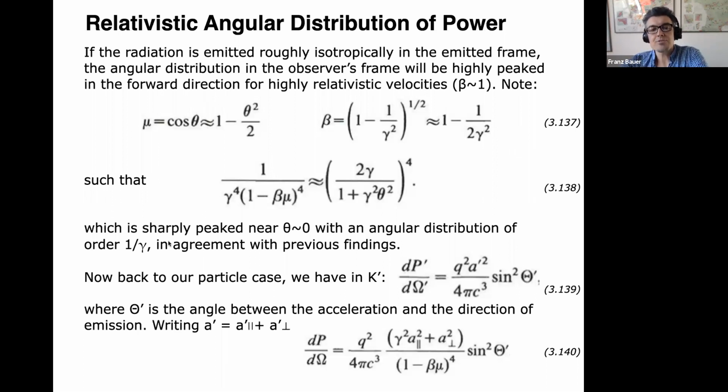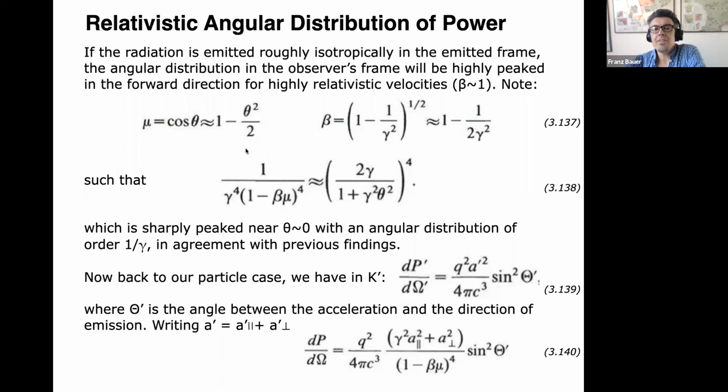This thing has an angular distribution which goes as 1 over gamma. So this product is what's dominating here. And so you will take all of the isotropic radiation and converge 50% of that into an angle which is proportional to 1 over gamma.